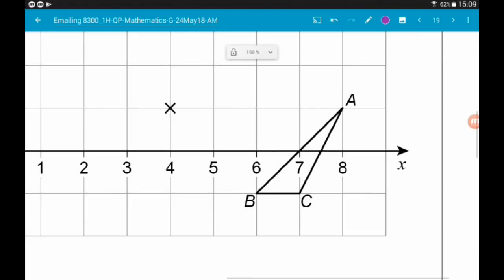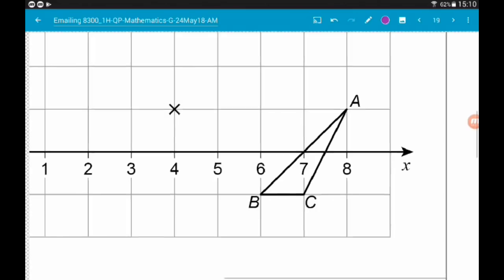And then for point C, to get from C to the centre of enlargement, we go 3 places left and 2 places up. So from the centre, we're going to go 6 places left and 4 places up.